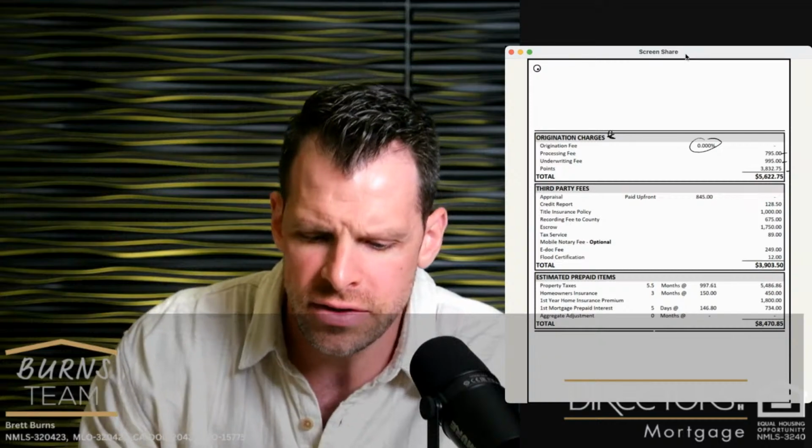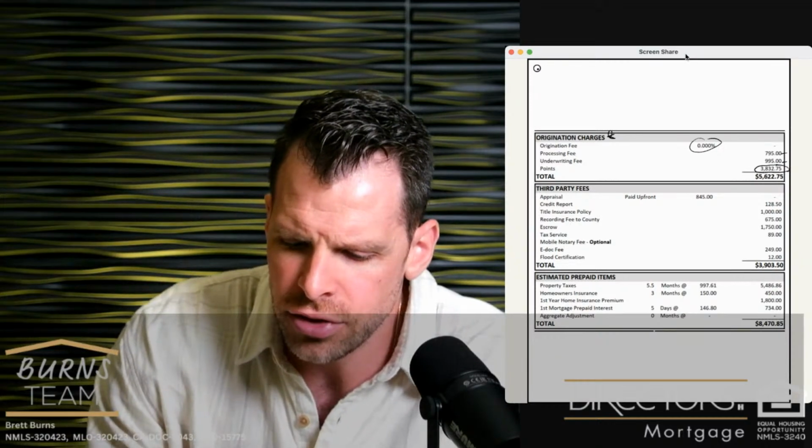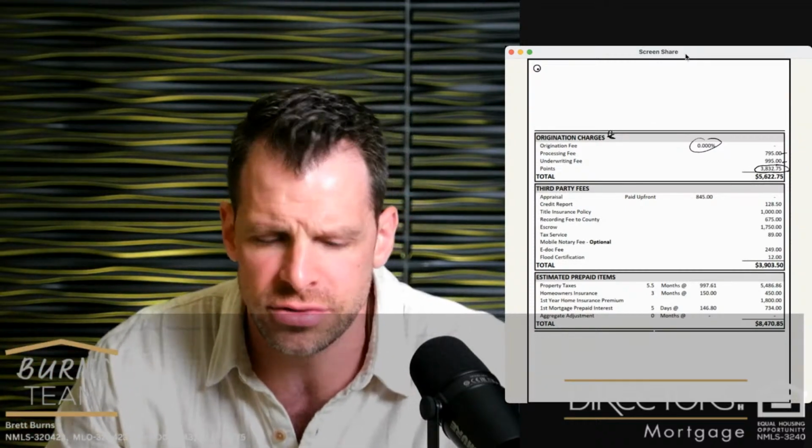So when you look at this points line, guys, there's a lot of flexibility for it to go up or down. If you want a higher rate, that's going to come in the secondary market with lower discount points or potentially no discount points, and vice versa. If you want to buy the rate down, it's going to bring the interest rate down, but have higher discount points. With this section, it's important to understand what the lender themselves is charging as far as origination, processing, and underwriting.